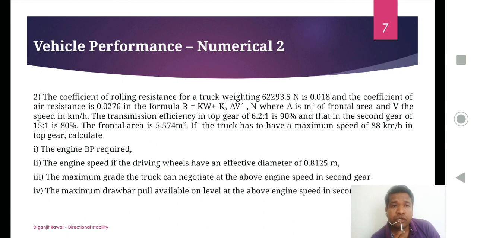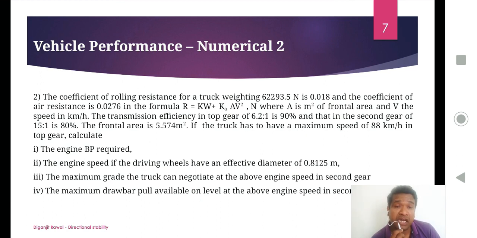Then for top gear, the gear ratio is 6.2 and transmission efficiency is 0.9. In second gear, the gear ratio is 15 to 1 and transmission efficiency is 0.8. Again, the truck has to have maximum speed of 88 kilometer per hour in top gear.